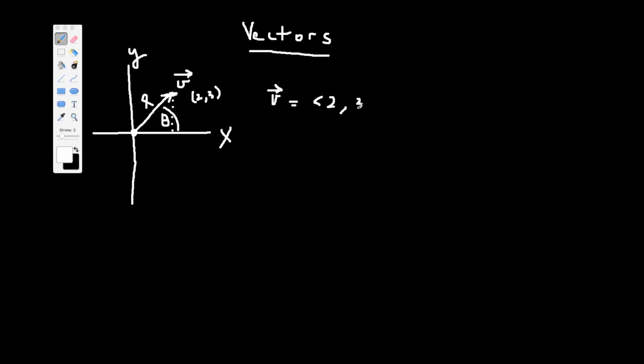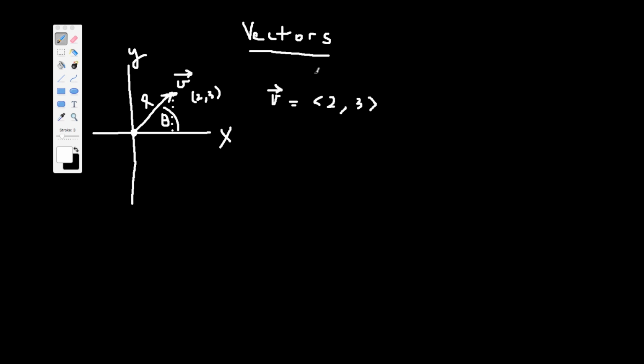Note the brackets are different here. For a point, you use soft brackets, and for a vector, you use these sort of angular brackets right here. Yeah, and it's because if you take (2, 3) and you subtract (0, 0), you get ⟨2, 3⟩, right? 2 minus 0 is 2, 3 minus 0 is 3. Okay, so that's how we define the vector.